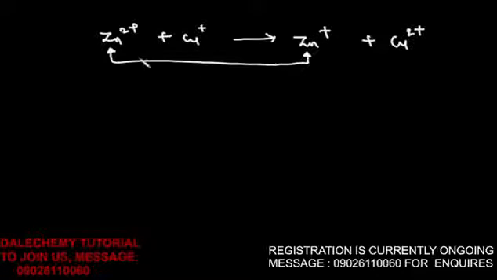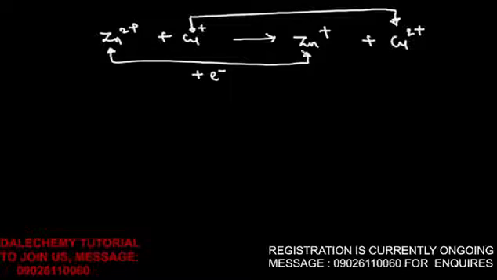Now from here, it means this has gained 1 electron, right? Now this electron is coming from somewhere. So it is from the Cu+ that we're having here. It is the one that lost that one electron given to this zinc. So it lost one more electron, it becomes Cu2+. I hope you can see now.